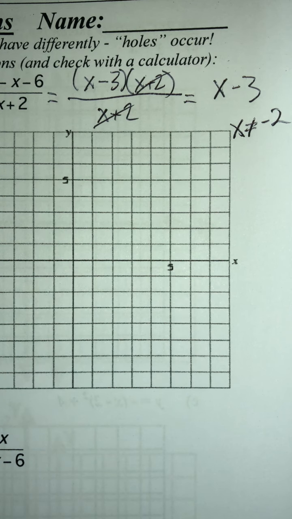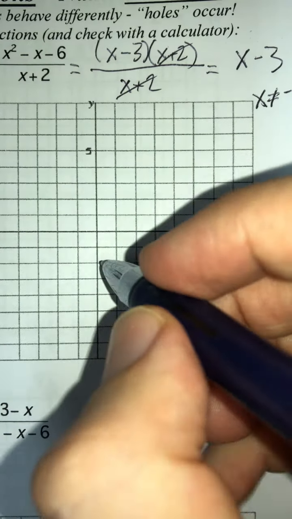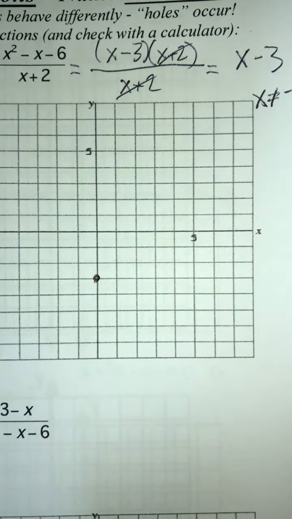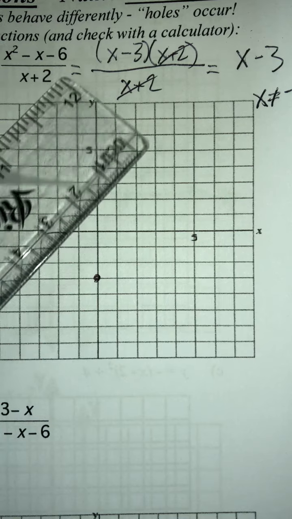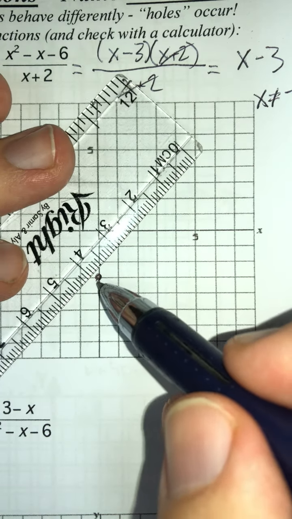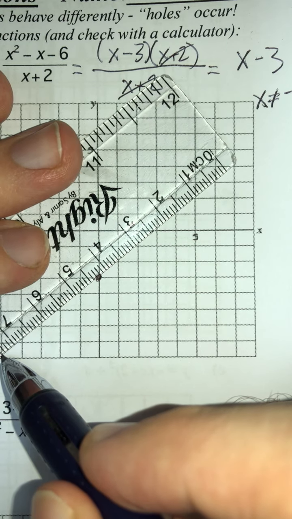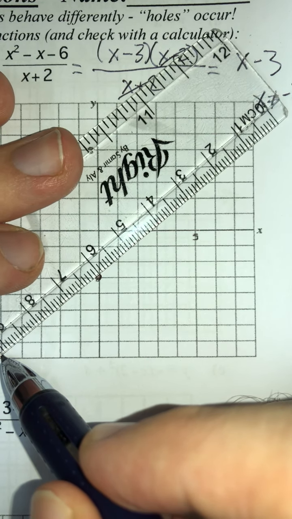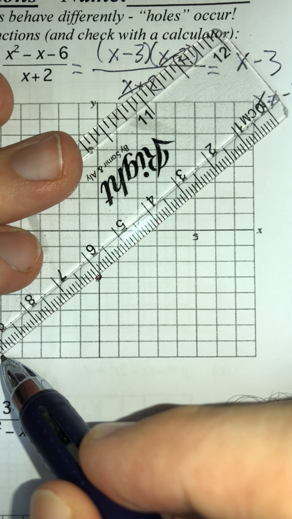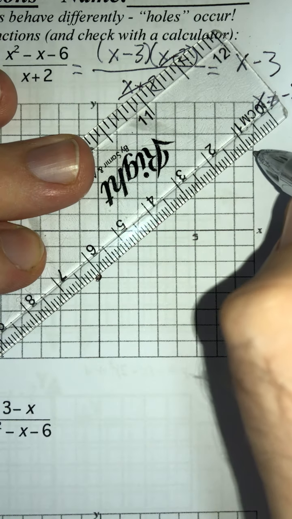So I need to plot this graph, but where x equals -2, I'm going to put a circle. So let's draw this. -1, 2, 3. There's my y-intercept here, and let's make sure that I actually graph this properly this time. So going up by 1s, going like this.